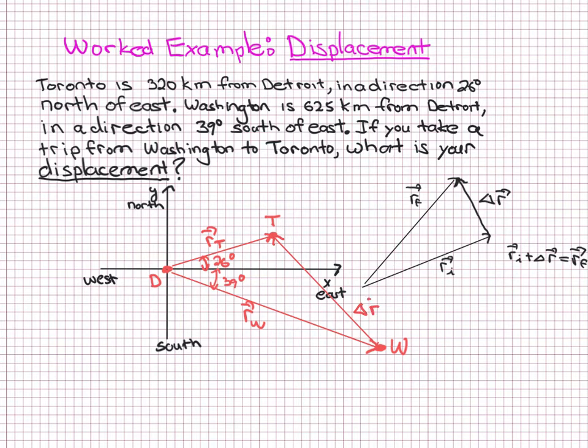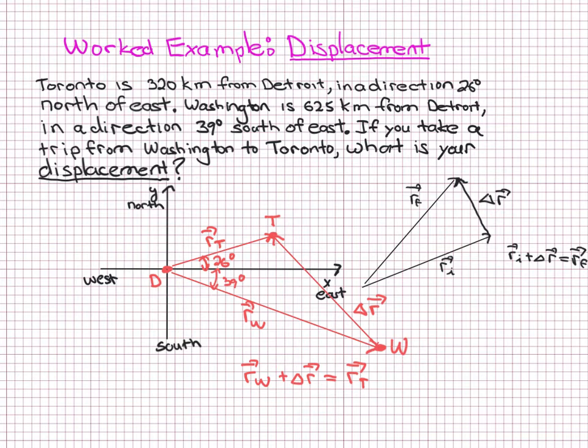That's the change in position in going from Washington to Toronto. And we see from our picture here that if I start in Washington and add my displacement vector delta r, I'm going to end up in Toronto.